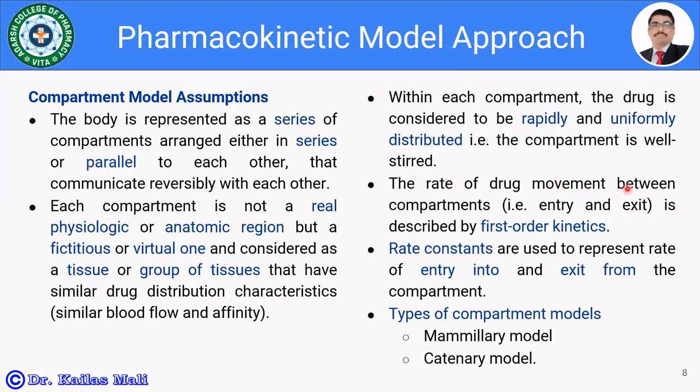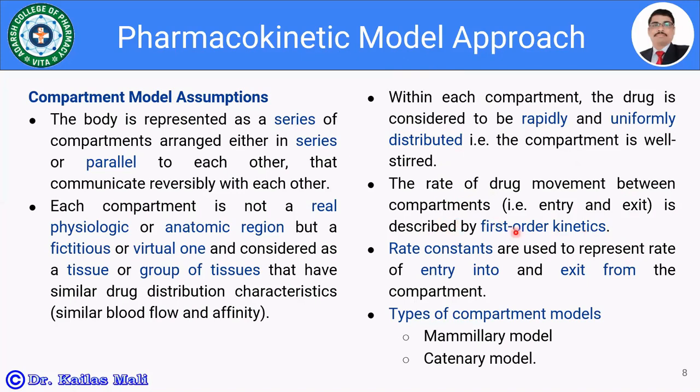The rate of drug movement between the compartments, that is the entry and the exit, is described by first order process. So in the case of compartmental modeling, whatever the entry of drug and the exit of drug is described by the first order process.